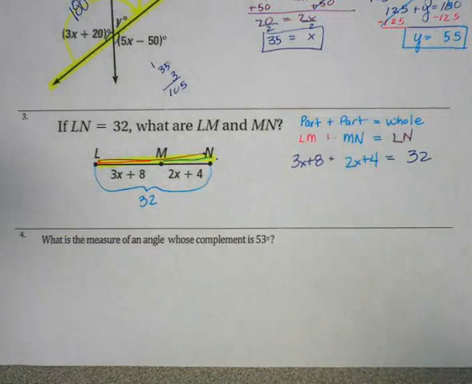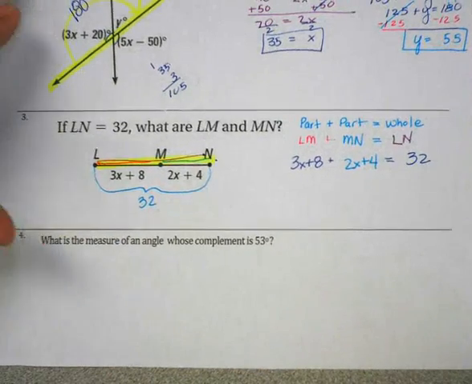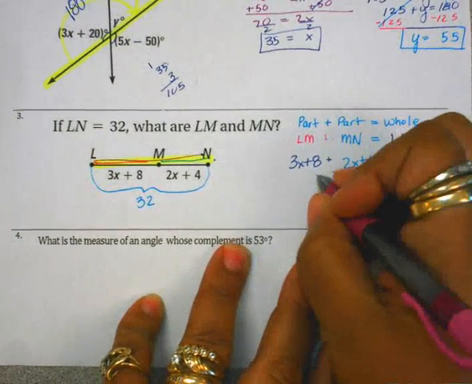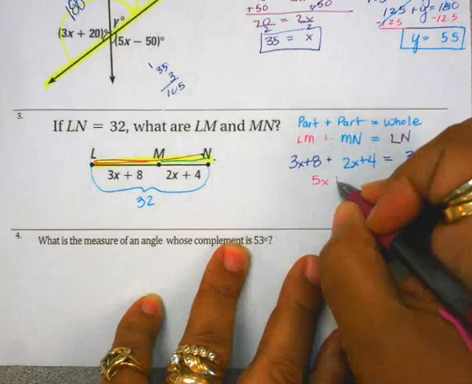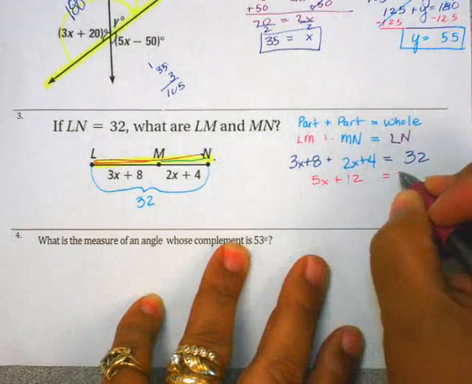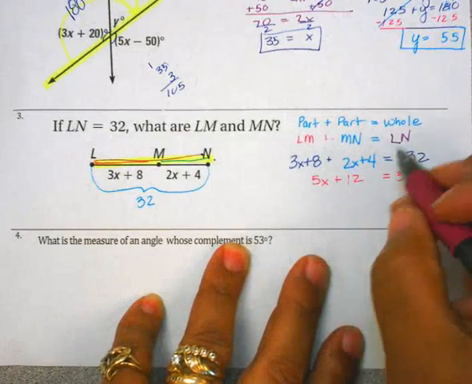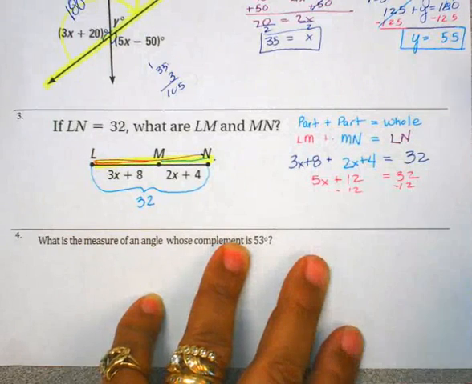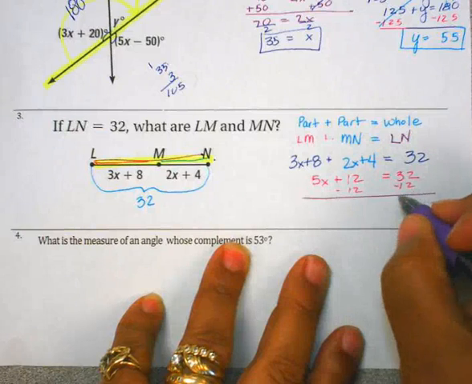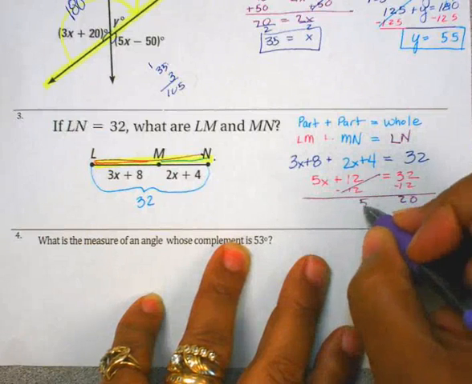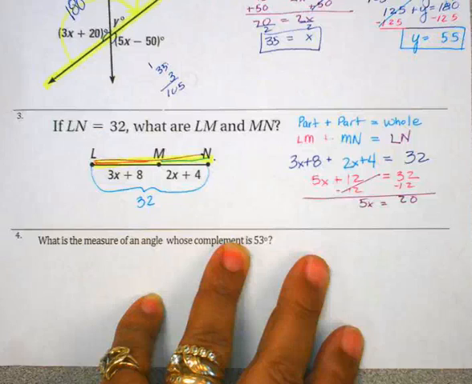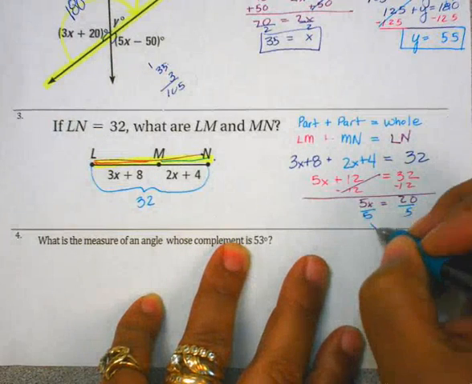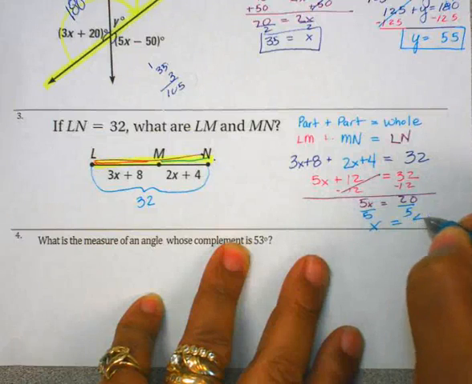Now we have an equation. Solve for x. Combine like terms. That's 5x plus 12 equals 32. Minus 12 on each side. And I have 20. 5x equals 20. Divide by 5. So x is equal to 4.